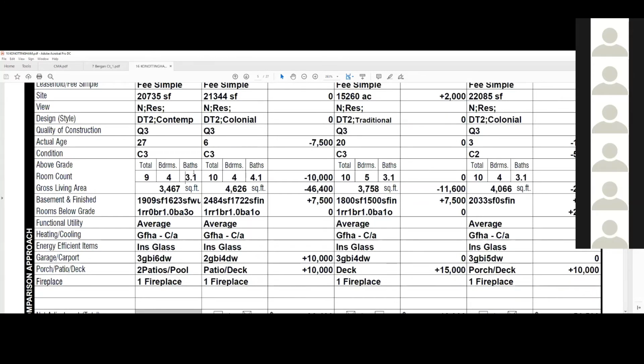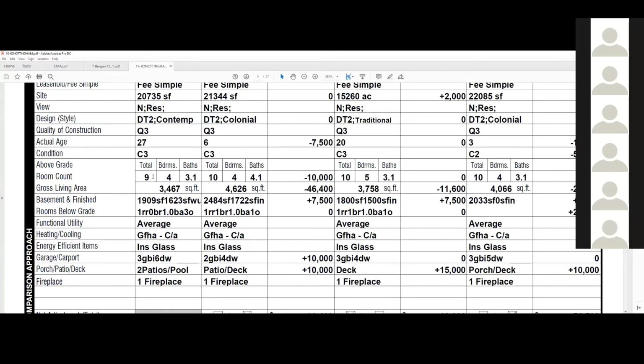Egress, yeah. Then it would count as a bedroom. If it does have one of those small basement windows, it will not count as a bedroom. If it is large enough, yes. Let's say if it is a walkout basement with a window, then it counts as a bedroom.